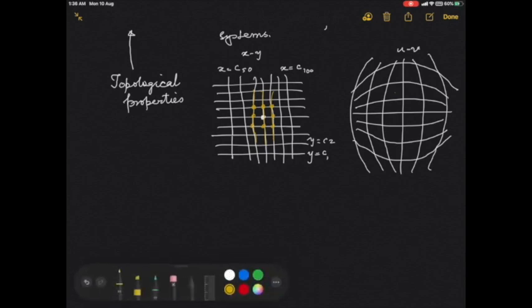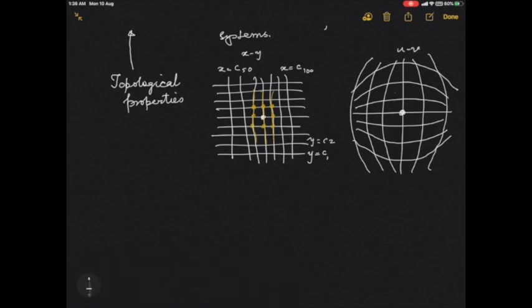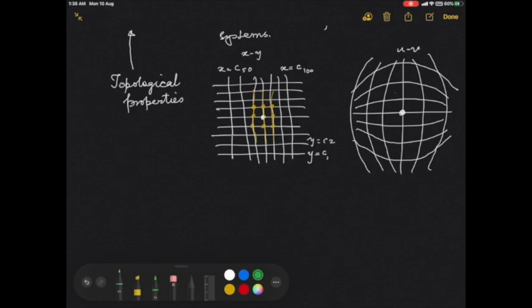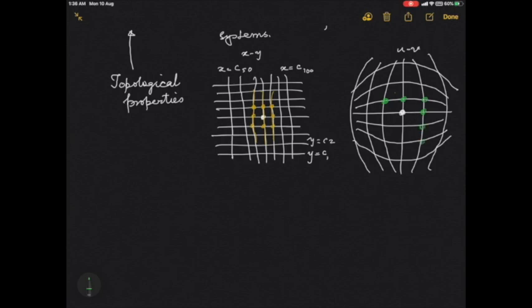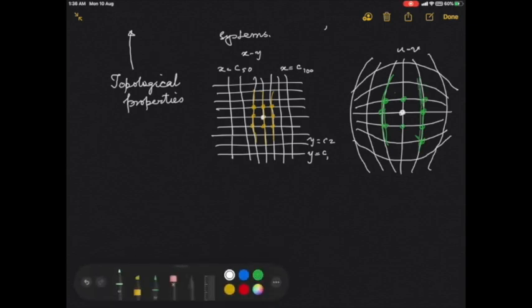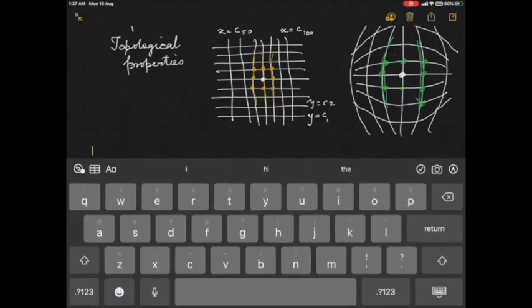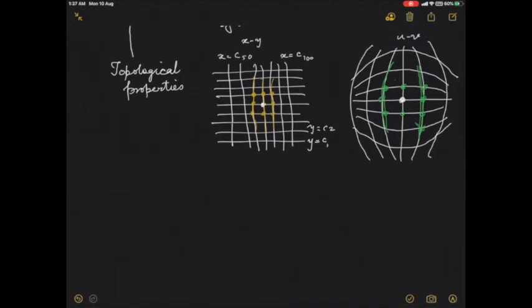And let us draw the same points. This is the point which corresponds to that dot, and the points which were near to it are these points. And the lines are this line and this line, right? So what has happened? Let us see. This transformation has preserved certain things.